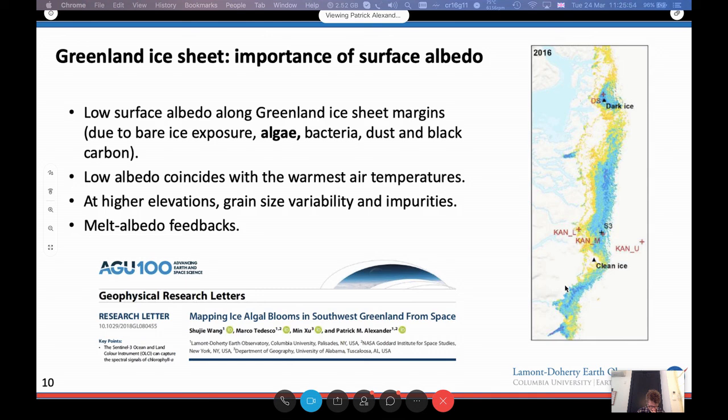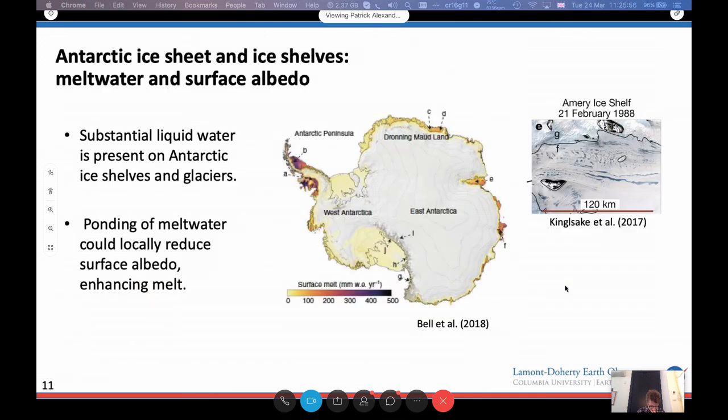And actually this Amery ice shelf is, if you were here last week, you saw Julian Scheingross talking about that. All this ponding of liquid water could also lead to a reduction in surface albedo. And as the climate starts warming, we probably see more of that liquid water. And so this is something that we should also be thinking about.